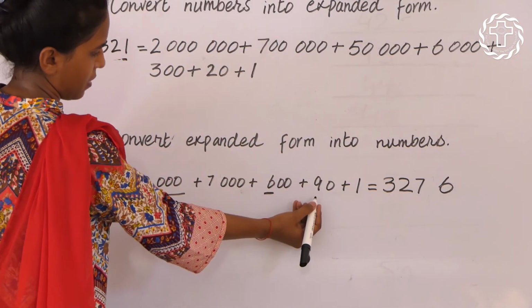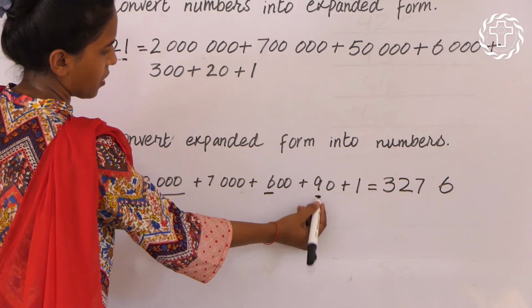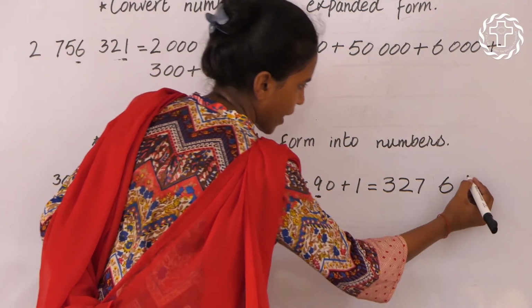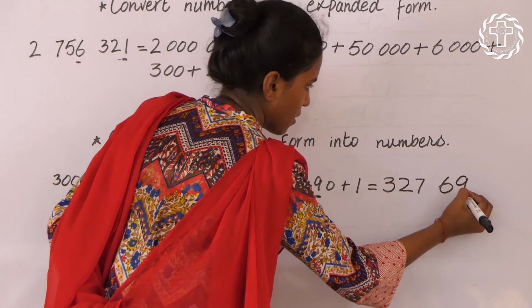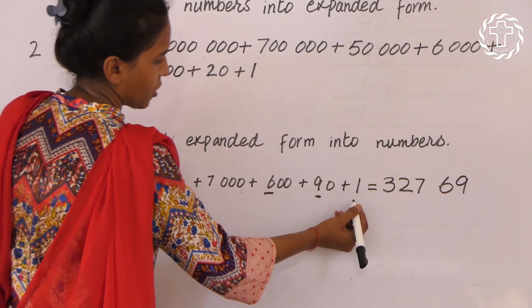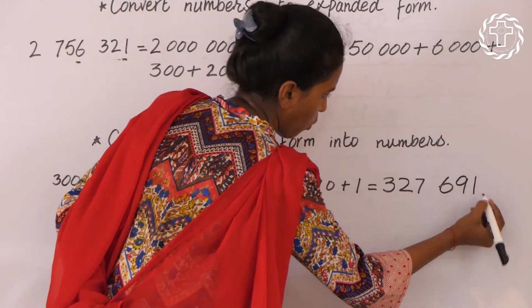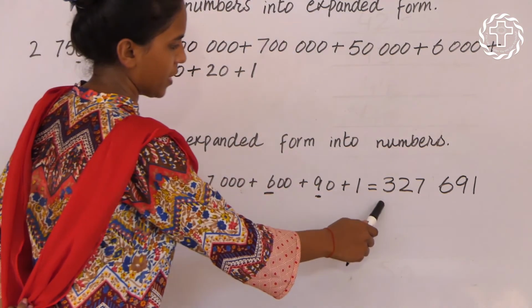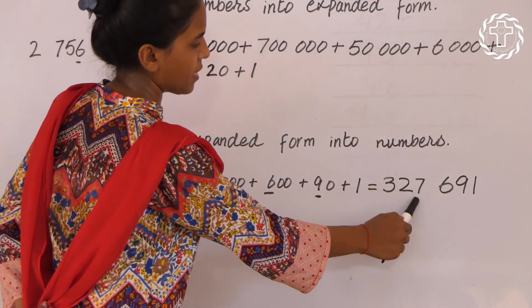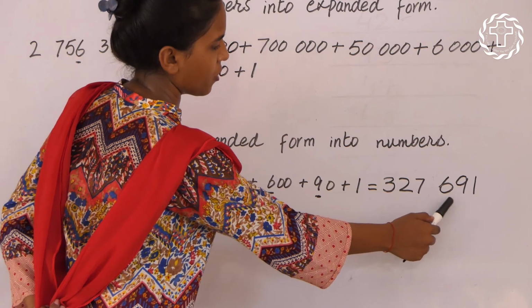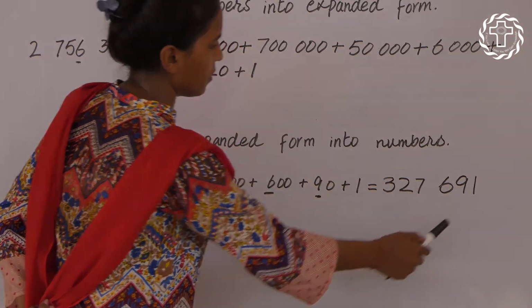In the fifth number, the first digit is 9. So we will write 9. And in the last, the digit is 1. So we will write 1. This number is 327,691.